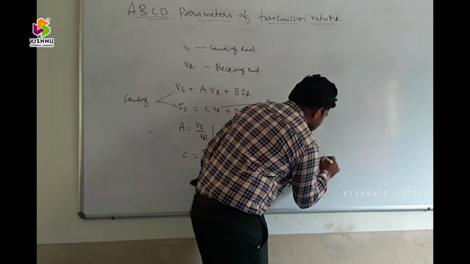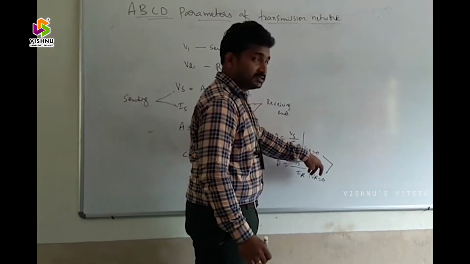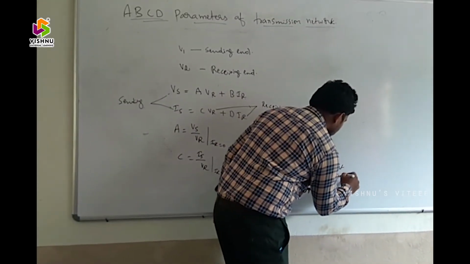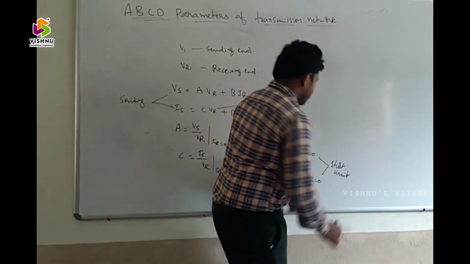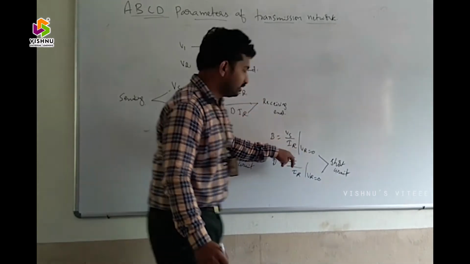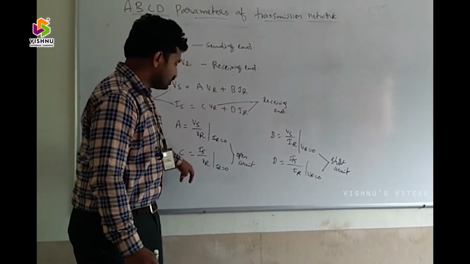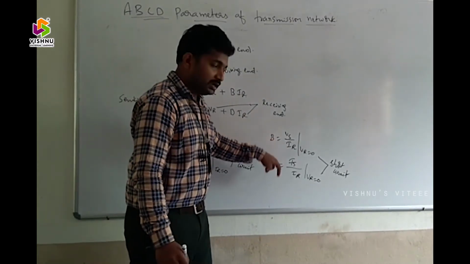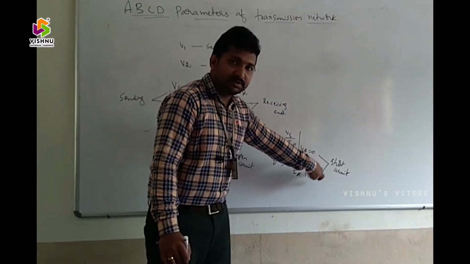When the receiving end side is short circuited, VR is equal to 0. So for getting A and C parameters, the receiving end should be open circuit. For getting B and D parameters, the receiving end should be short circuit.